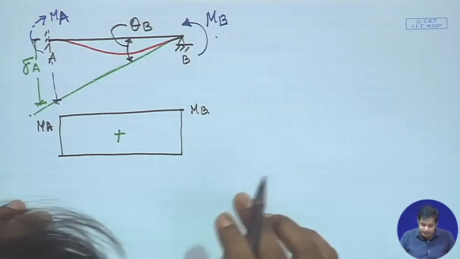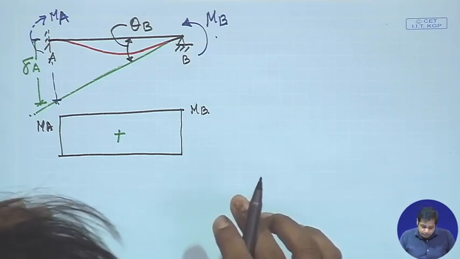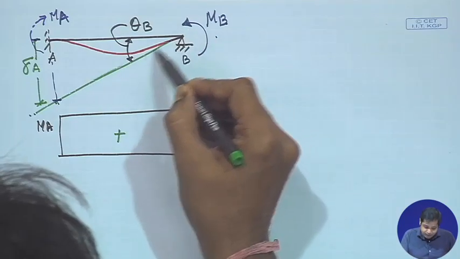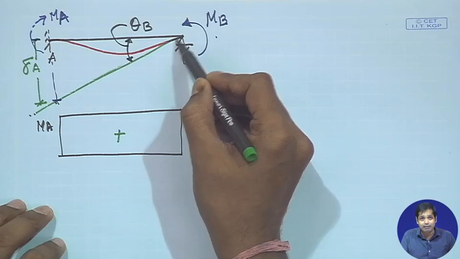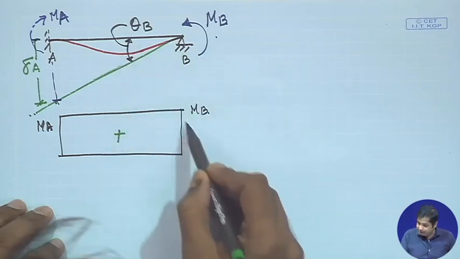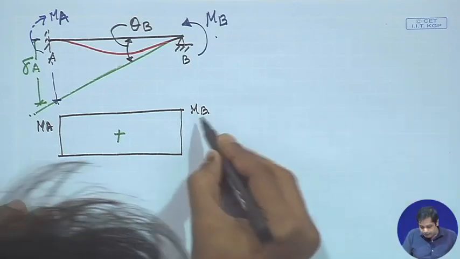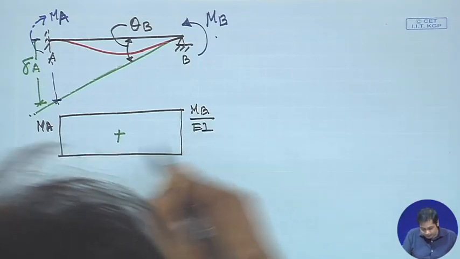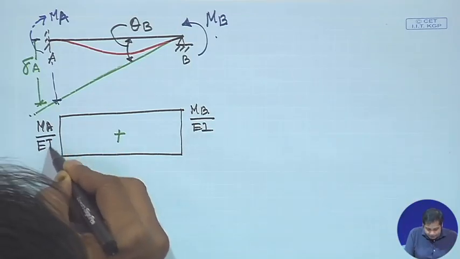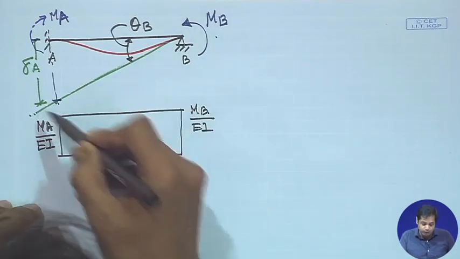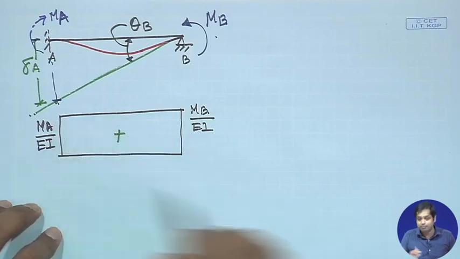What the moment area method says is that the angle theta B will be the area of this diagram. Suppose this is the M by EI diagram, then the slope will be the area of this diagram, right.